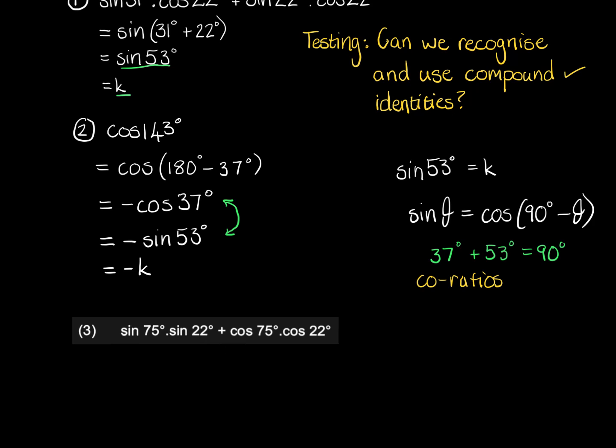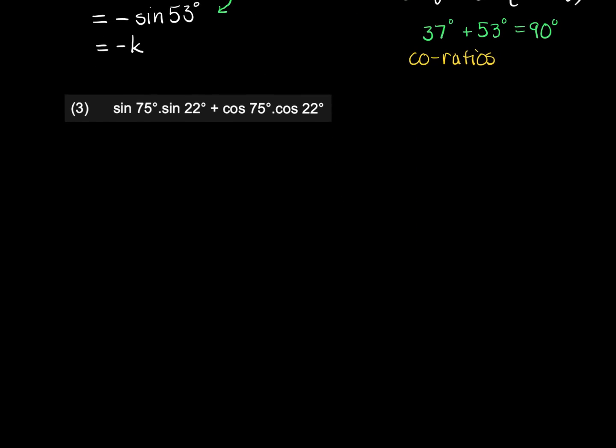If we take a look at it, we've got two sines with different angles adding to two coses, also both with different angles. And once again, you've got to start thinking about compound angles. The reason I know it's compound angles is because of the way it's structured. It is fine to go and double check what those identities are, but you should try and know as much of it as possible.